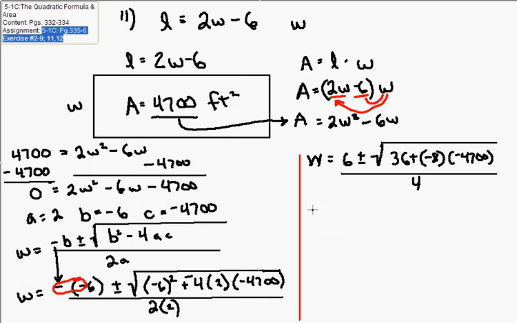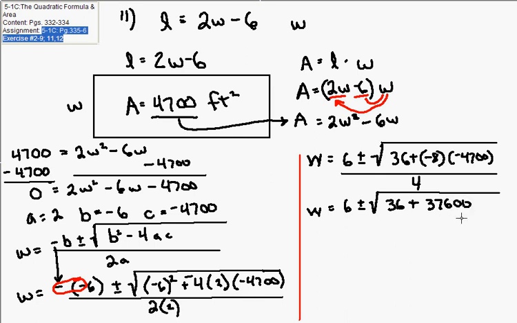All right, continuing on, now we have w is equal to 6 plus or minus the square root, we have 36. Now, a negative times a negative is a positive, so we know our answer is going to be positive. Multiply 8 times 4,700. 8 times 4,700, and we get 37,600.